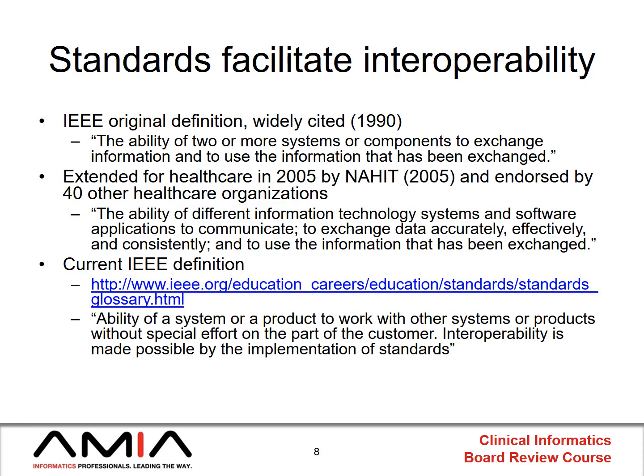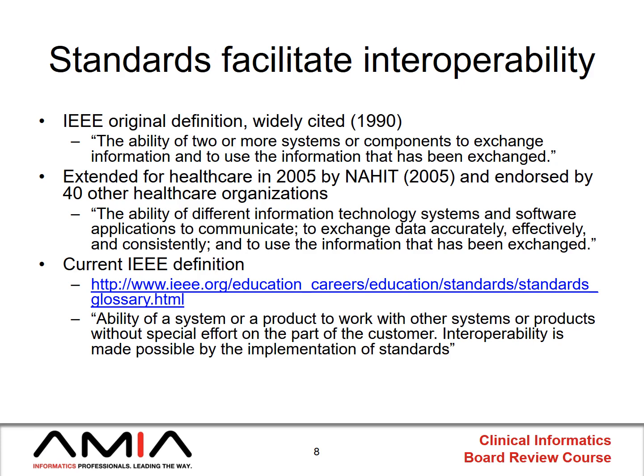And we also know that standards facilitate interoperability, and therefore we should probably formally define interoperability. One definition of interoperability that's widely cited comes from the IEEE and was published in 1990. They define interoperability as the ability of two or more systems or components to exchange information and to use the information that has been exchanged.